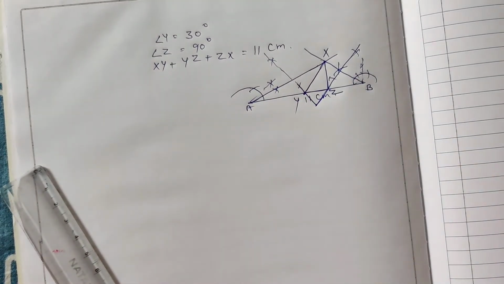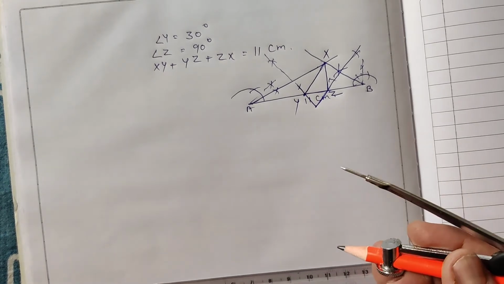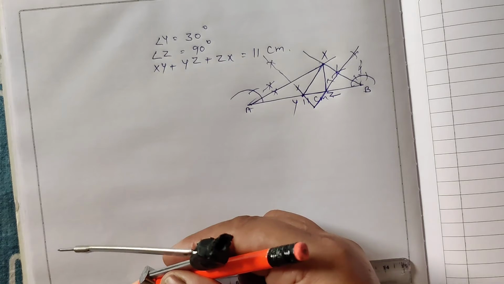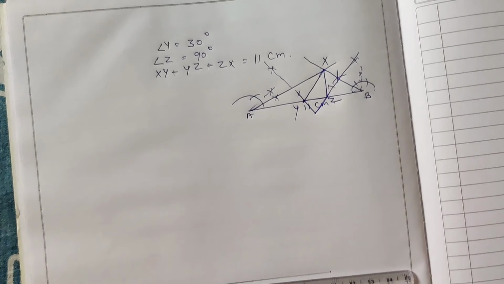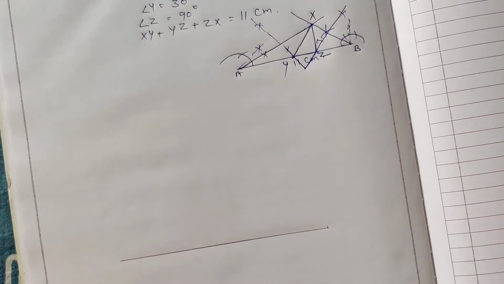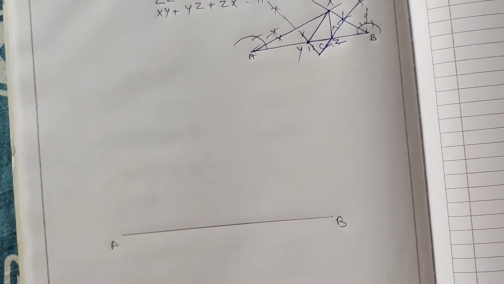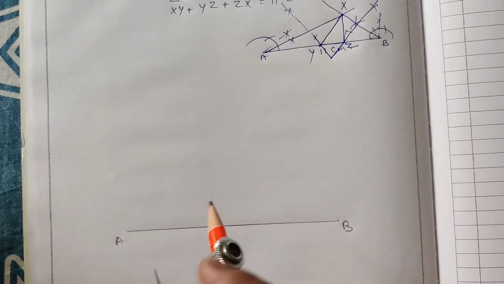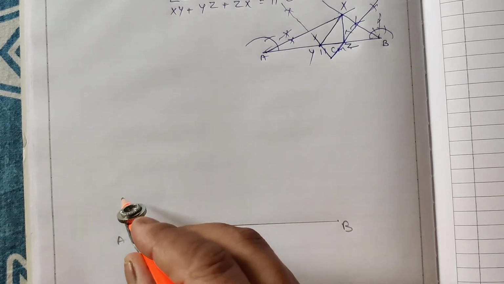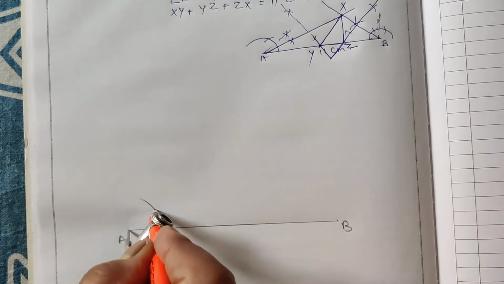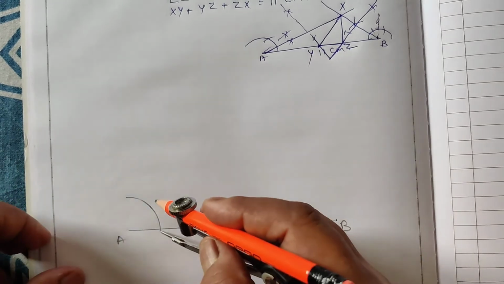This is the procedure. Now, draw a perimeter of 11 centimeter. This line is AB, 11 centimeter. At A, make an angle 30 degree and half of 30. If 30 degree is given, it means the half of 30.